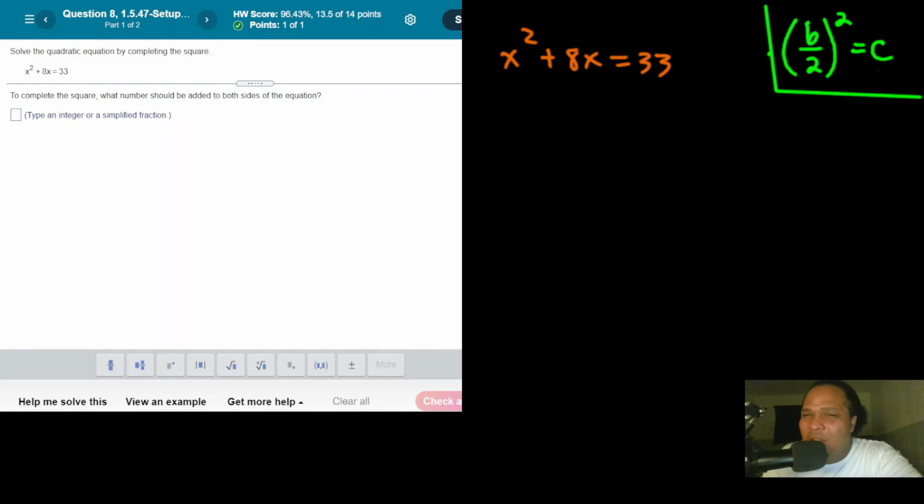Remember, the standard form is always ax squared plus bx plus c, right? Now, we don't have a c term here, but it would normally be right up in there. So I tell you what, we're going to write x squared plus 8x plus a space equals, let's erase this, give some room.